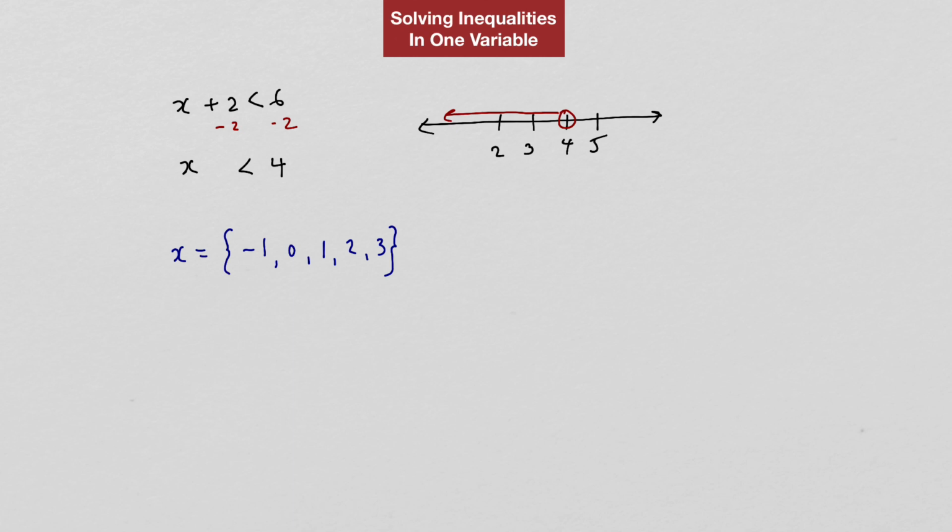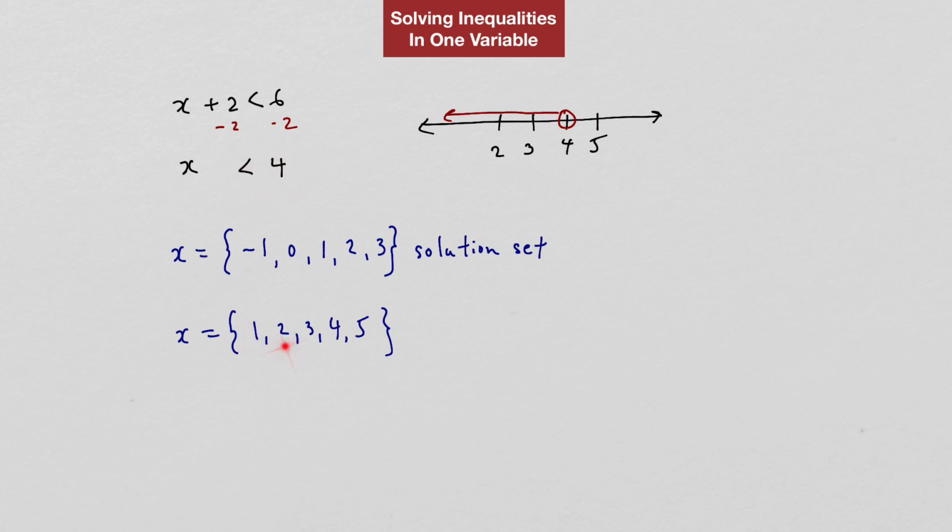Now if you were given the following solution set, 1, 2, 3, 4, 5, and you were asked to determine if this is a valid solution set, then you would check: is 1 less than 4? It is.